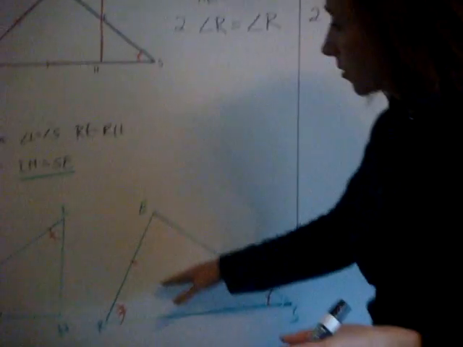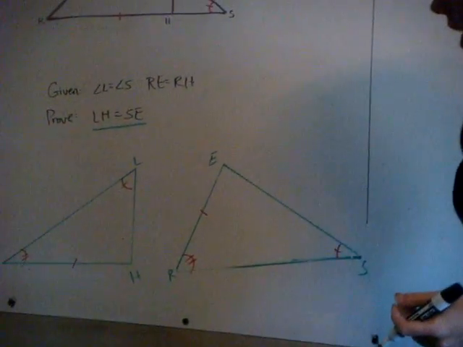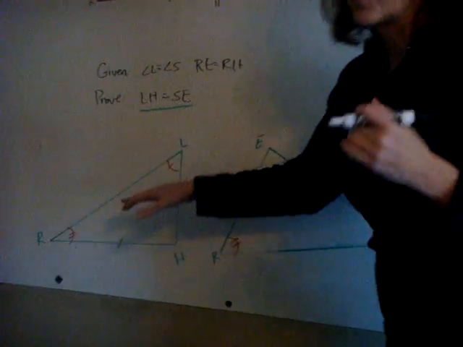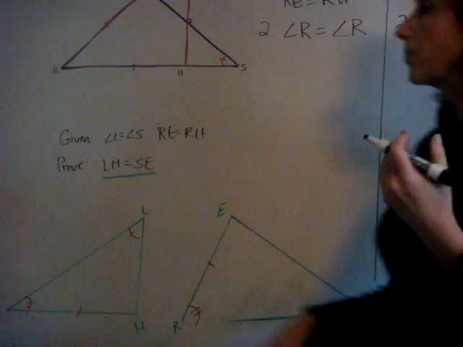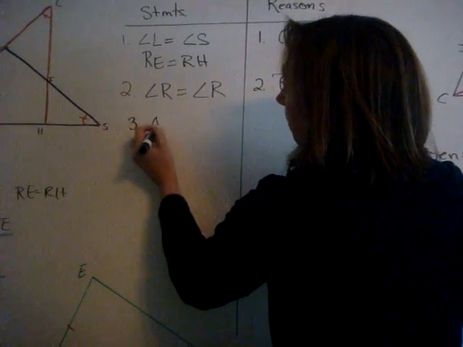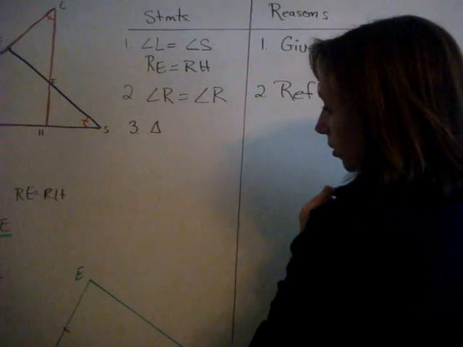Now we're going to look at our two triangles down here, and it looks like we have angle, angle, side. And I forget if I call it angle, angle, side, or side, angle, angle. Doesn't matter. So we can say that triangle, and you have to make sure that your order is right.